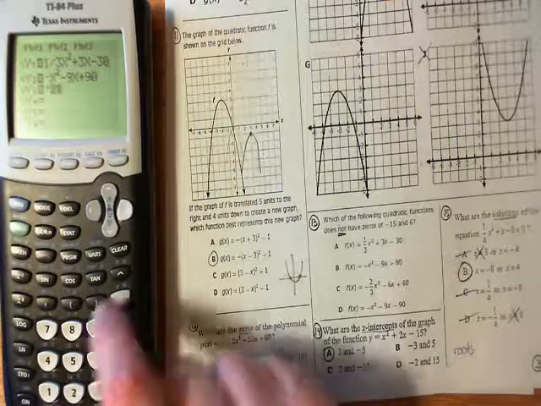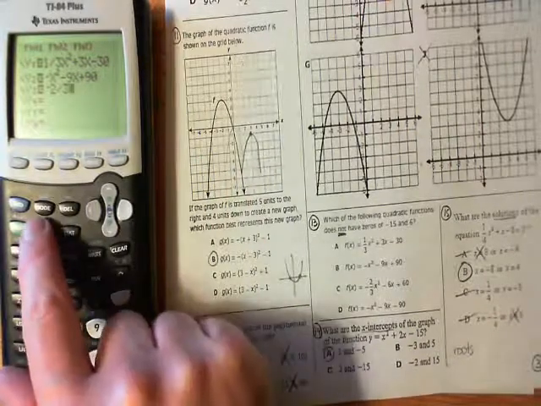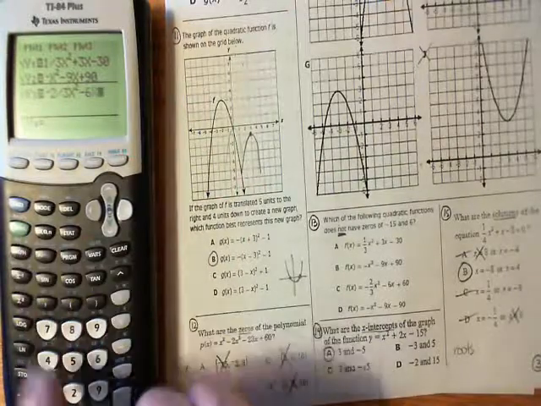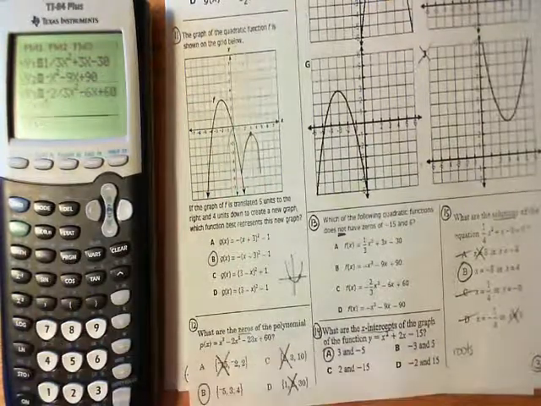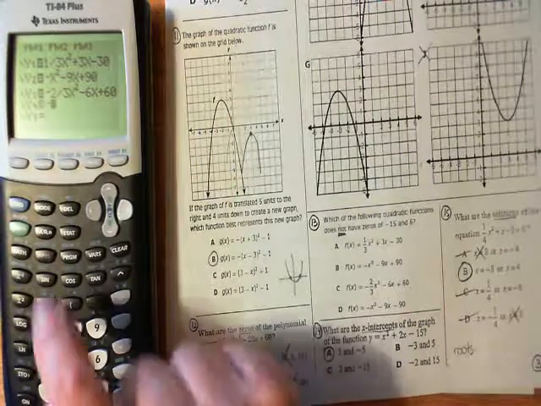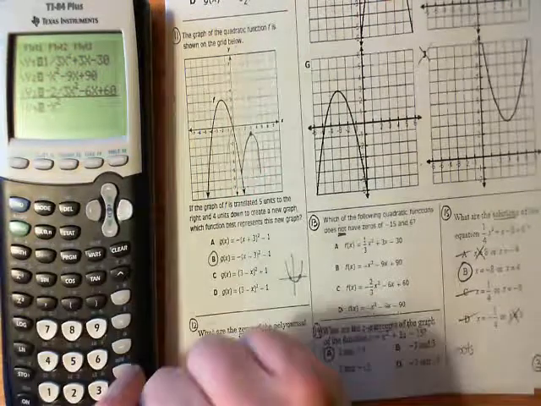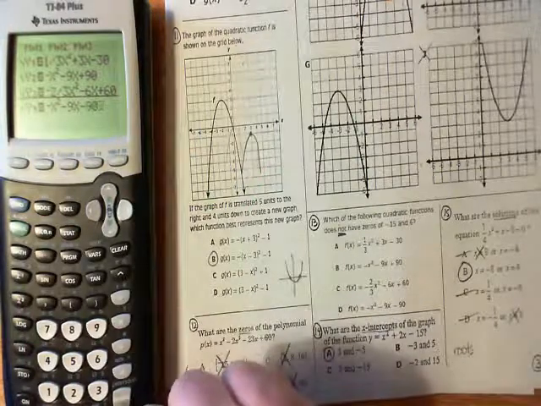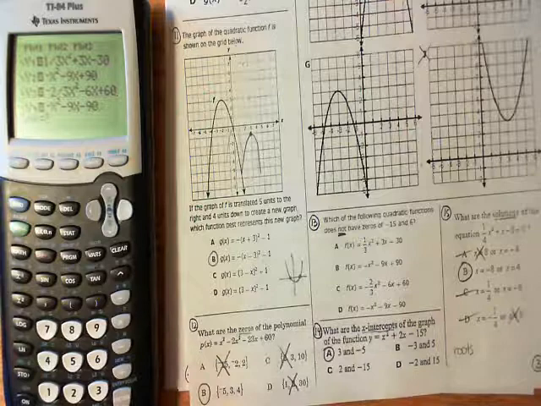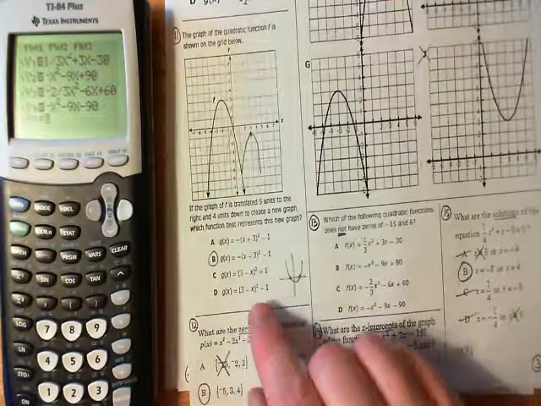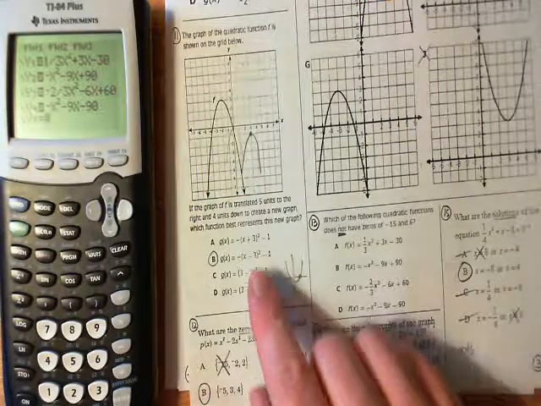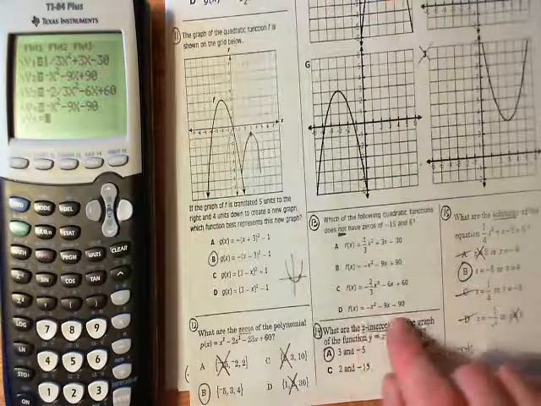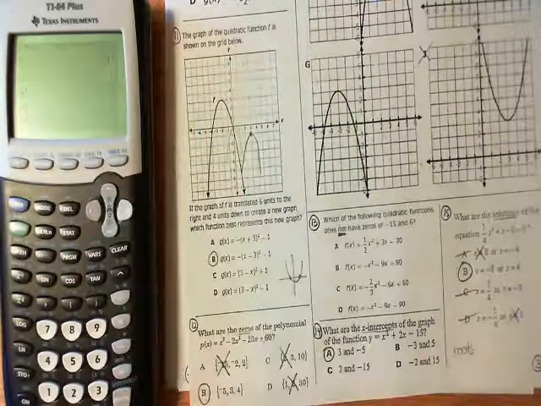And next one is negative 2 divided by 3x squared minus 6x plus 60. And the next one is negative x squared minus 9x minus 90. Alright, now we enter all those. Let's just check real quick if everything is correct. Okay, looks pretty good. Alright, so let's go to our table.